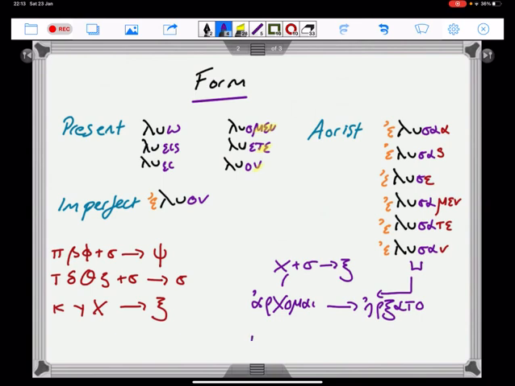The other thing to note, as with the imperfect, is that the augment for proskuneo goes in the middle. So compound verbs, the augment will still go between the compound and the main verb root.